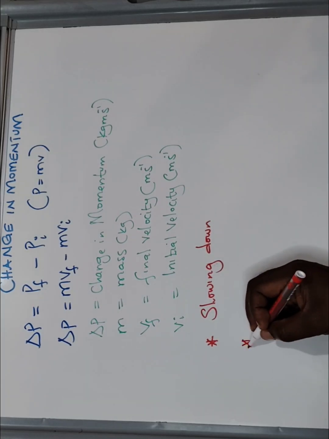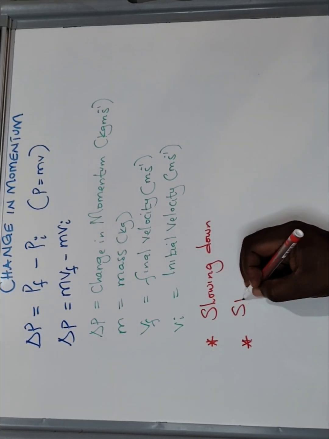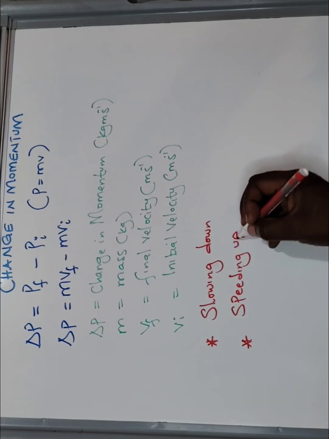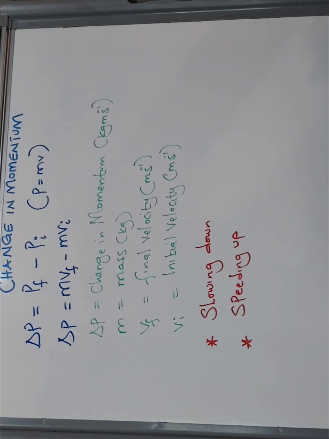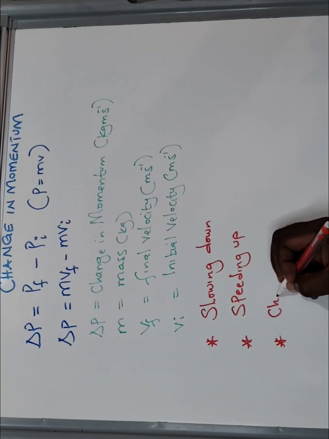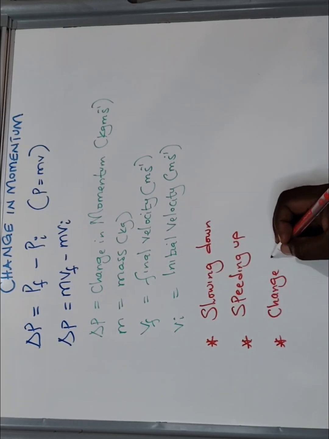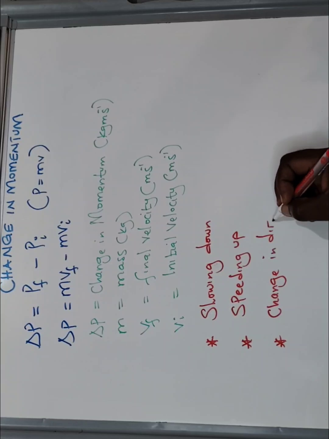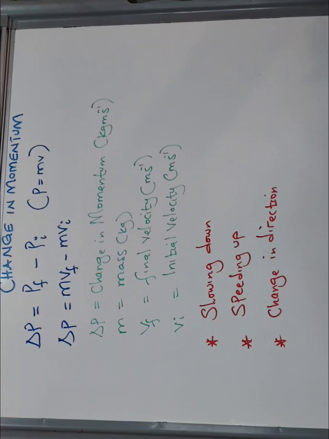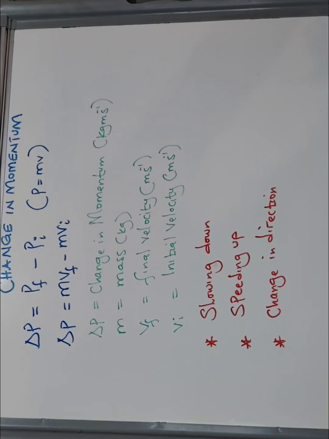We are going to look at another change which involves speeding up, where the final velocity is bigger than the initial velocity. Another one involves change in direction, where the direction of the velocity changes. And we are going to look at one example from each of these cases so that we can get used to that.